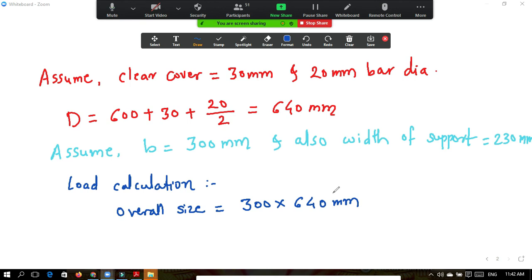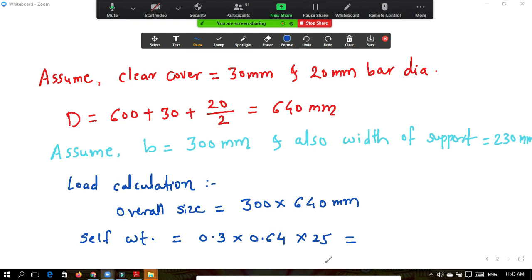So now overall size is 300 by 640 mm. So we will calculate the self weight. Self weight is equal to 0.3 into 0.64 into 25. So fast do the calculation and let me know the answer.